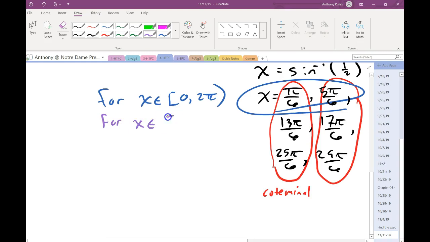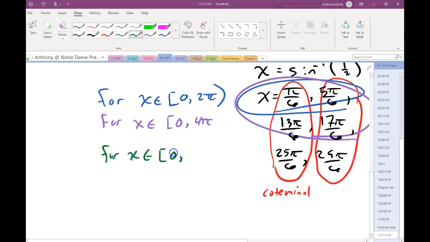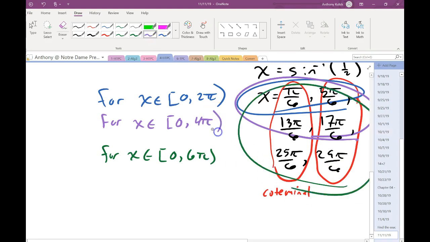If, say, I wanted my answers between 0 and 4 pi, then those 4 would have been the answers that I needed. If I wanted my answers between 0 and 6 pi, then those first 6 of them would be the answers that I needed.